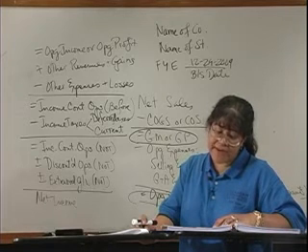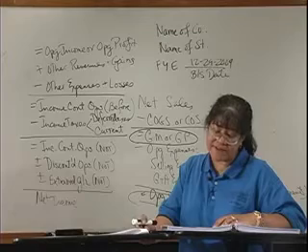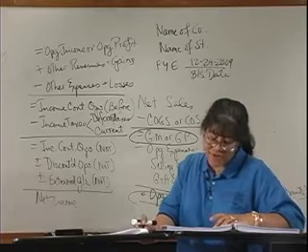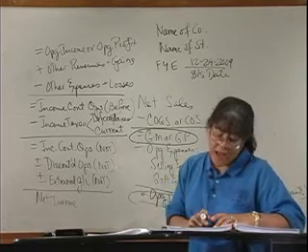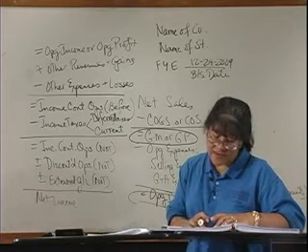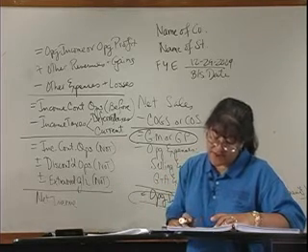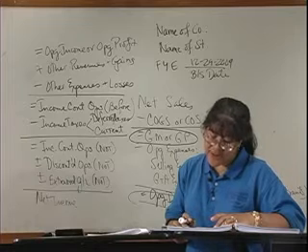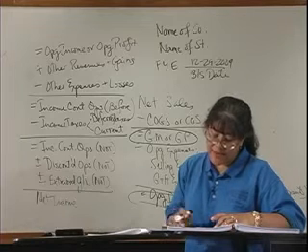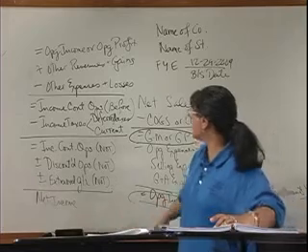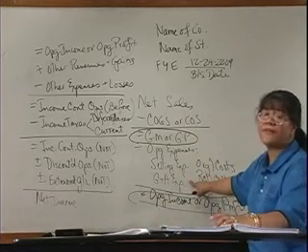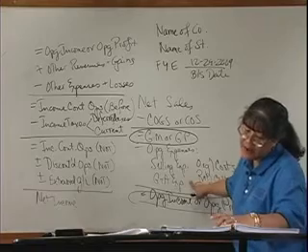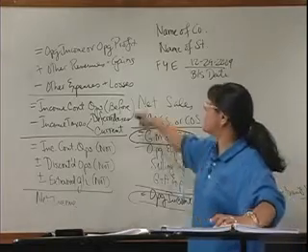Now, they do show here a loss from impairment of a manufacturing facility, but I want you to look down at the notes at the bottom of the page. Item number 4 in the notes says, in the multiple step format, the Securities Exchange Commission requires that public companies place impairment loss in operating income. Here's the calculation to operating income, so impairment loss has got to come before operating income, instead of other expenses and losses.